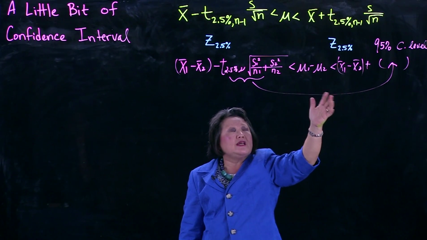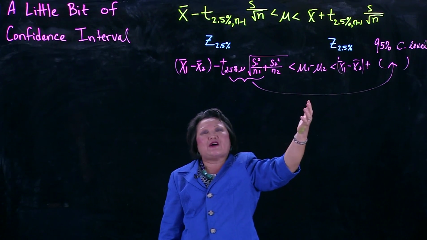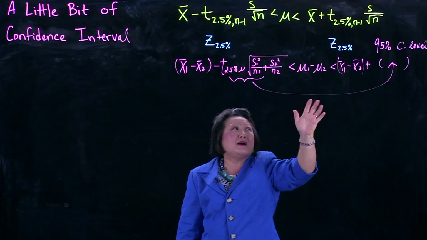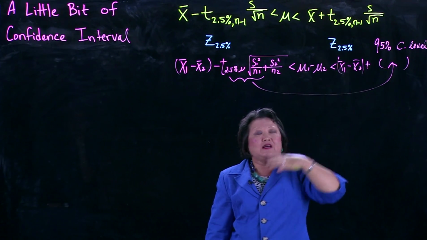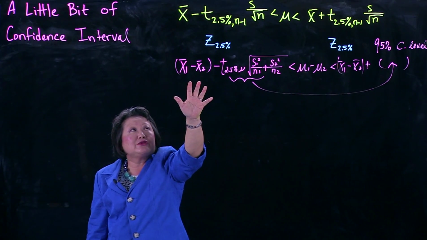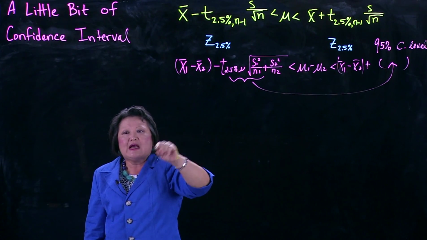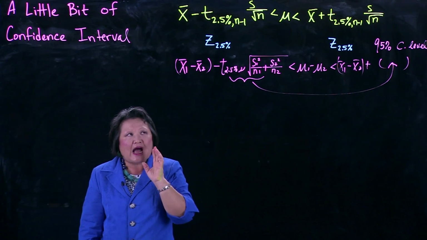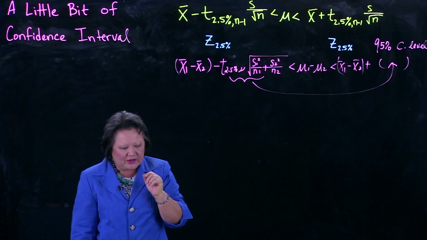And most probably, industry prefers 95% confidence. You can do 90%, 99%, but most people will do 95%. So we'll be concerned with 95%. And in order to construct the interval, we will need two tables, the normal distribution table and the t-table. But how do you know when to use the normal distribution table?